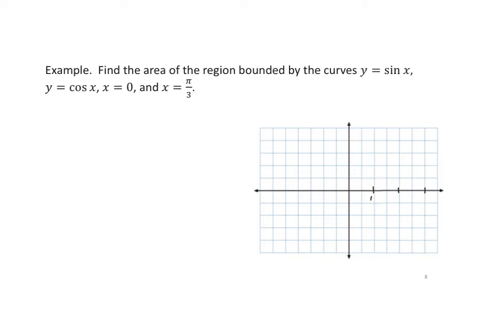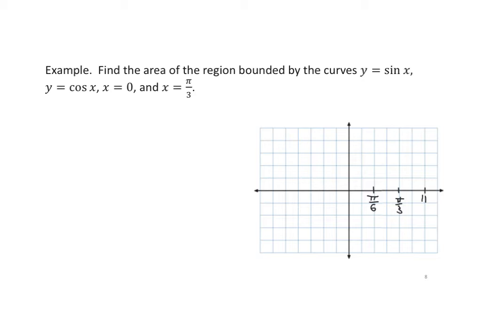So this will be pi over 6 and this will be pi over 3, and let's just go from there. So pi over 6 is pi over 6, and then 2 pi over 6 is pi over 3, and then 3 pi over 6, which would be this, would be pi over 2.